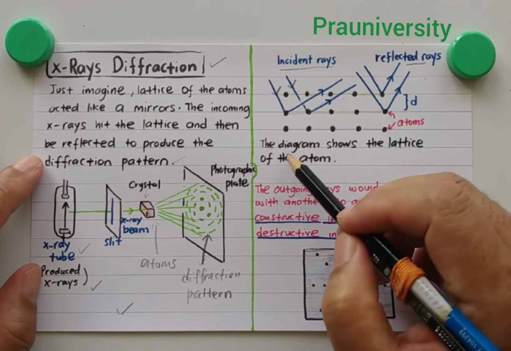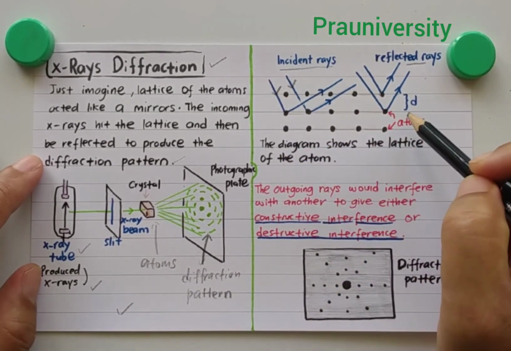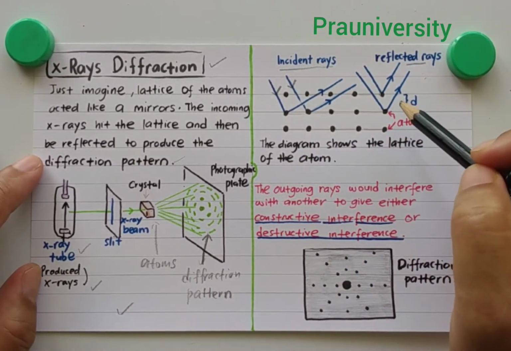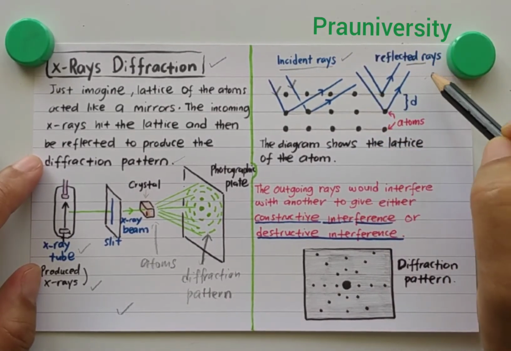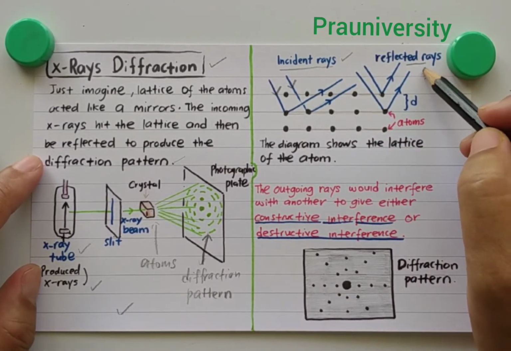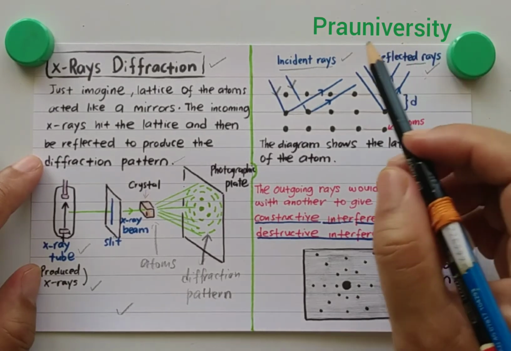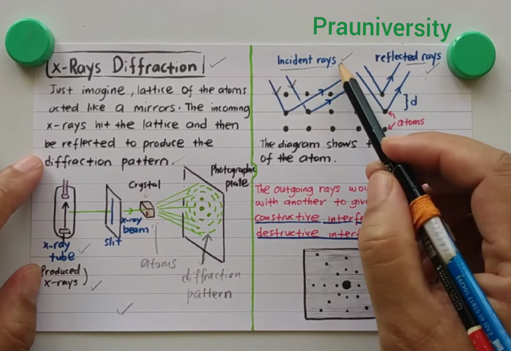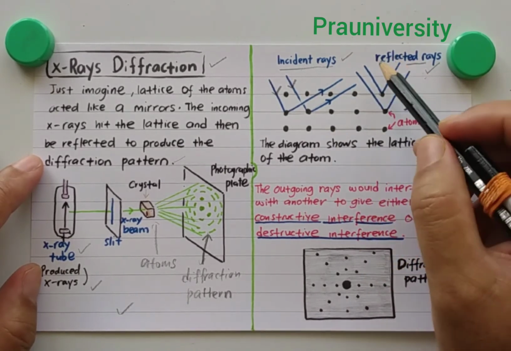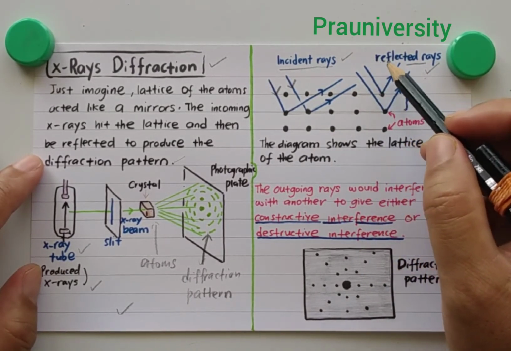So in this diagram we understand we have two types of rays. The first is the incident rays, and the second is the reflected rays. When the incident rays meet the reflected rays, they produce the diffraction pattern.